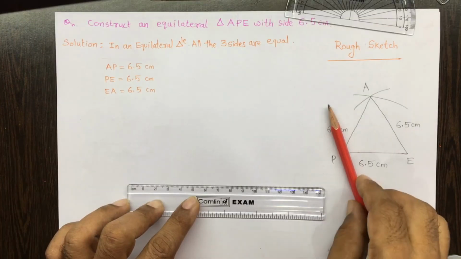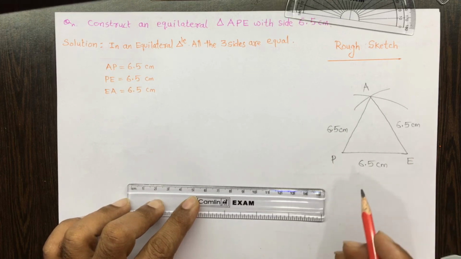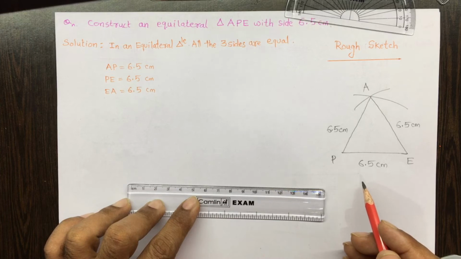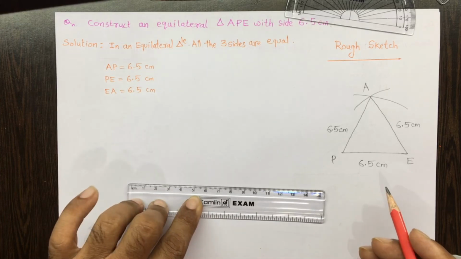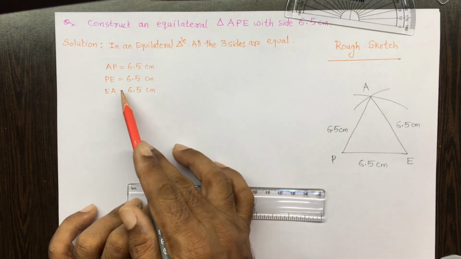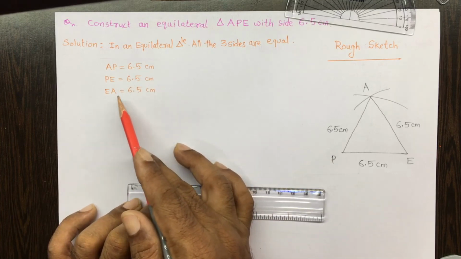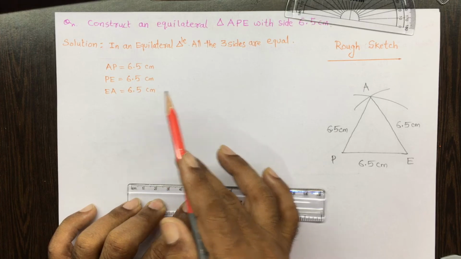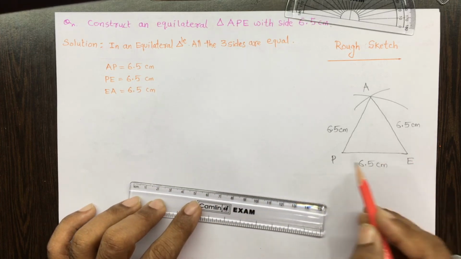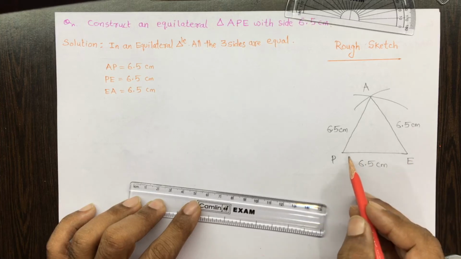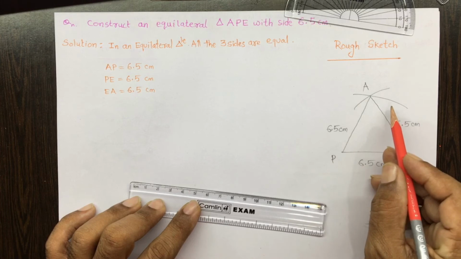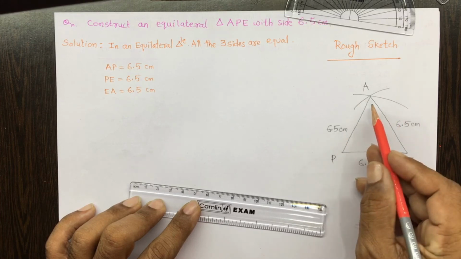Here a question: construct an equilateral triangle APE with the side 6.5 centimeters. Let us assume AP is 6.5 centimeters, PE 6.5, EA also 6.5, as it is an equilateral triangle. So, let us draw the rough figure here. From P as the base, we have to draw an arc from P with 6.5 centimeters.